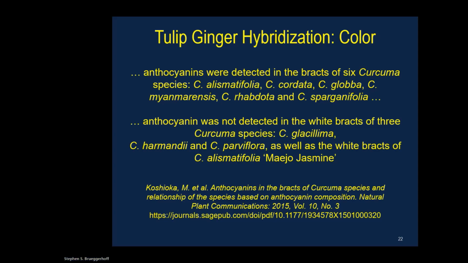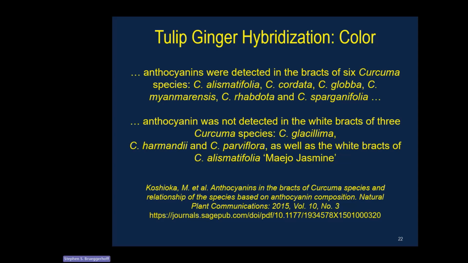Anthocyanins were detected in the bracts of 6 Curcuma species. These specific species, Alismatifolia, cordata, and so on, contained some of the basic coloration that hybrids were developed from.